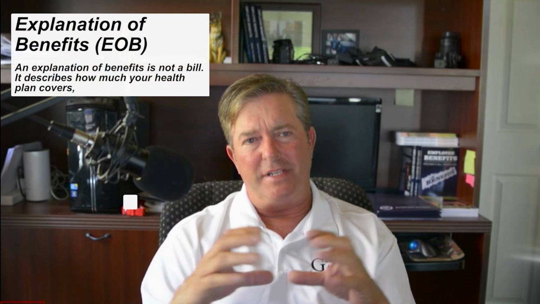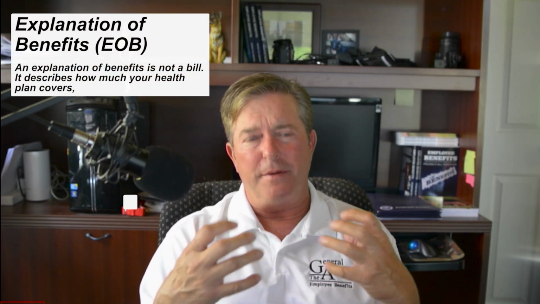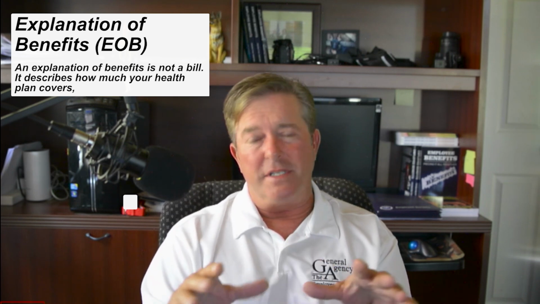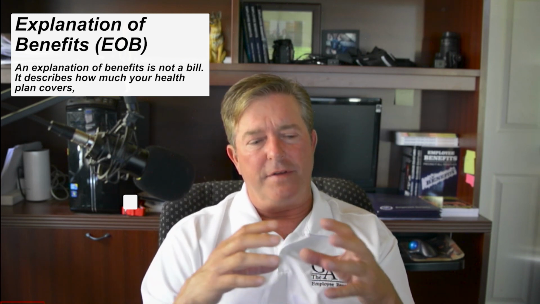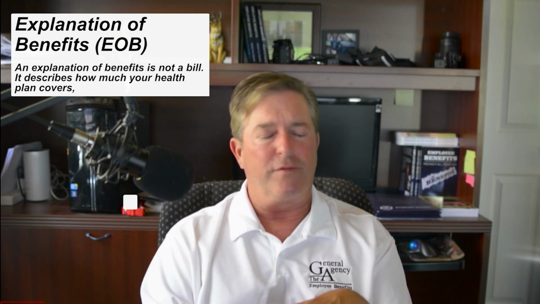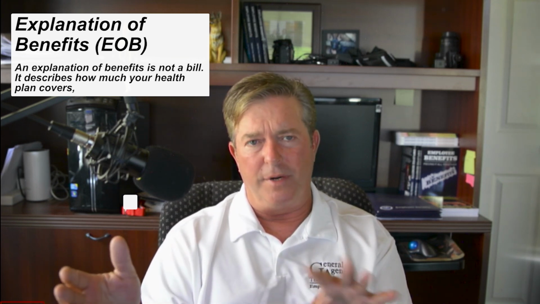On number 5, it's when you get your explanation of benefits. You'll look at it and say, hey, from my understanding, all of this was supposed to be covered in the doctor's office. And sometimes it's not. Some health plans will say, we're going to cover the doctor's office visit itself for a copay of like $35 or whatever.